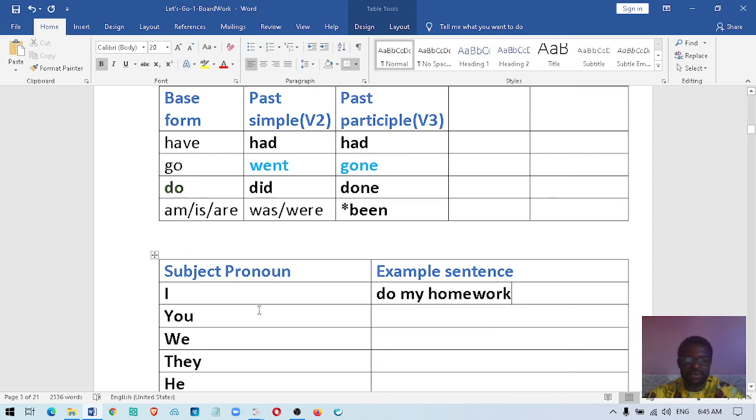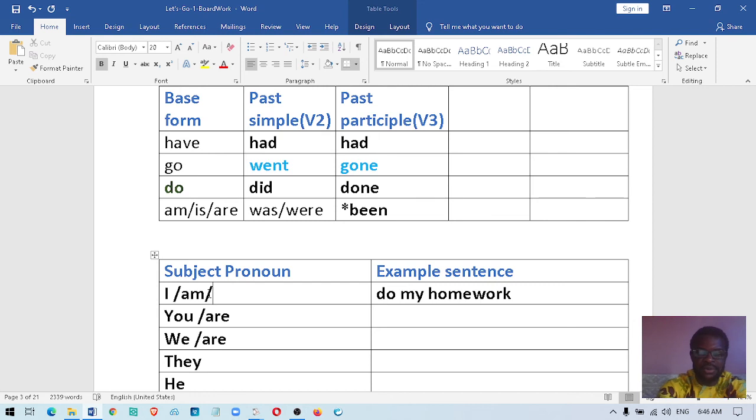You see here you have I, you, we, they. So here I can say I am, but here you say you are. Here we use what? Using go, you say what?